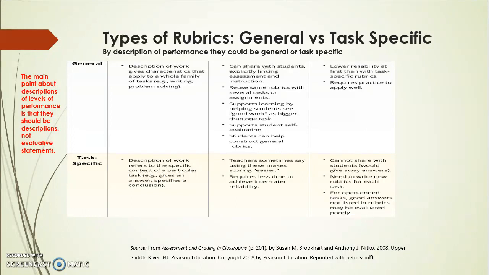And also it supports learning by helping the students see the bigger picture of it. The task specific is more for grading, and scoring is easier. It requires less time to achieve reliability.